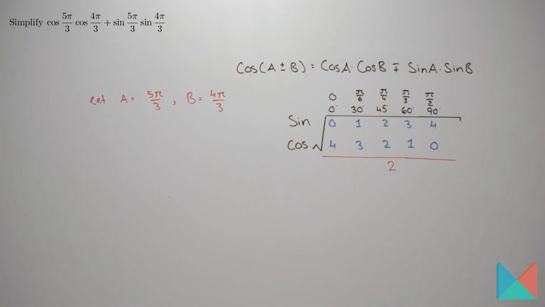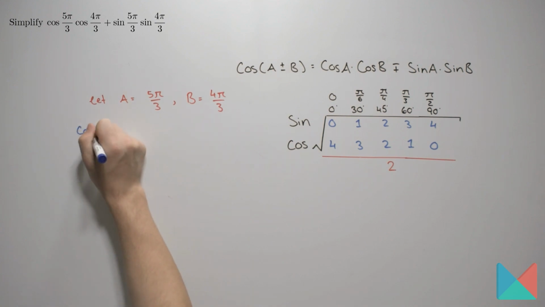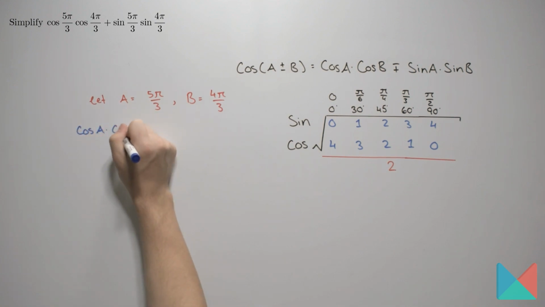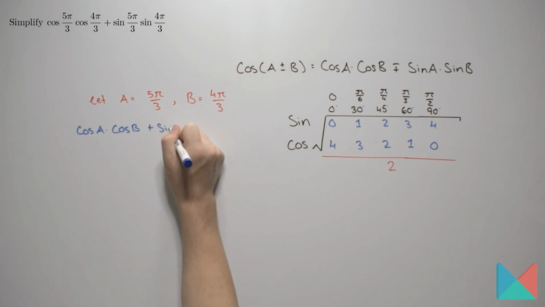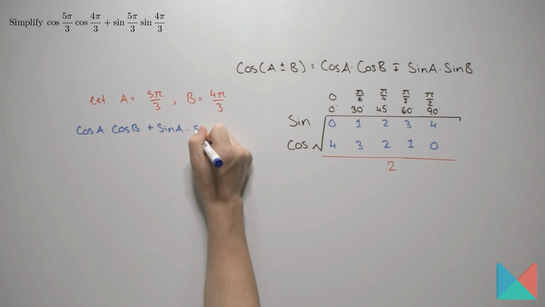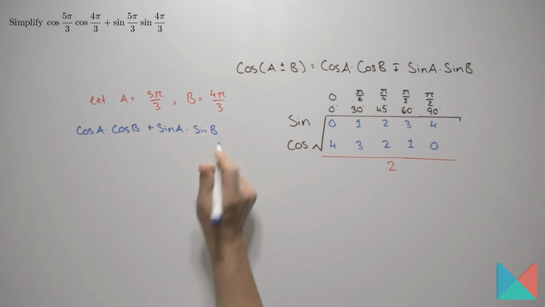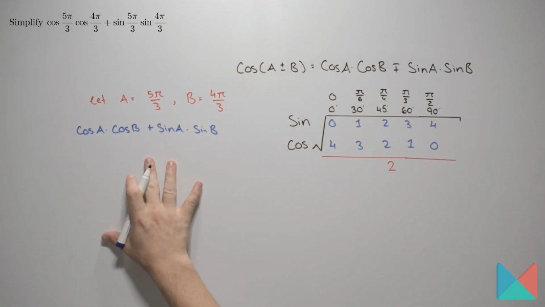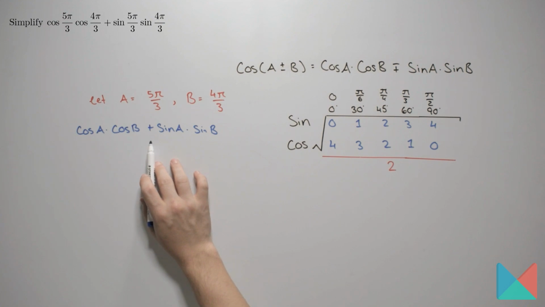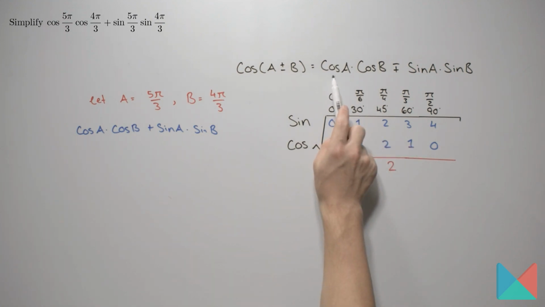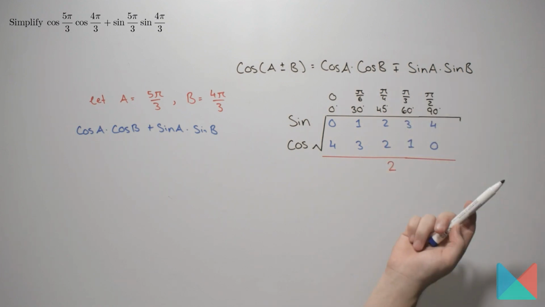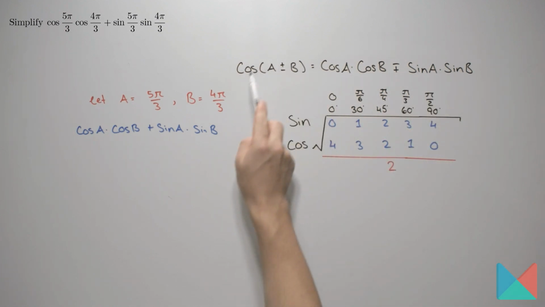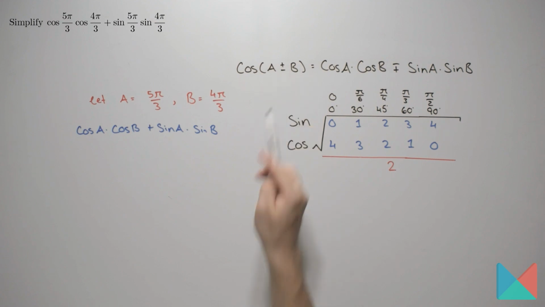And now if we make this substitution into our above expression, we're going to get cos A times cos B plus sine A times sine B. And now you can see that we have the angle difference identity for cosine, as we got cos A times cos B plus sine A times sine B, and we use the bottom operator, so this will simplify into cos of A take B.